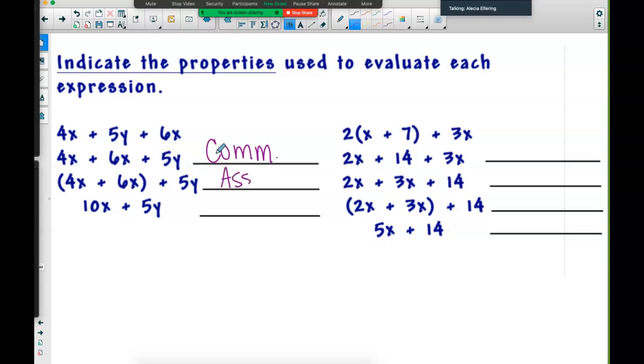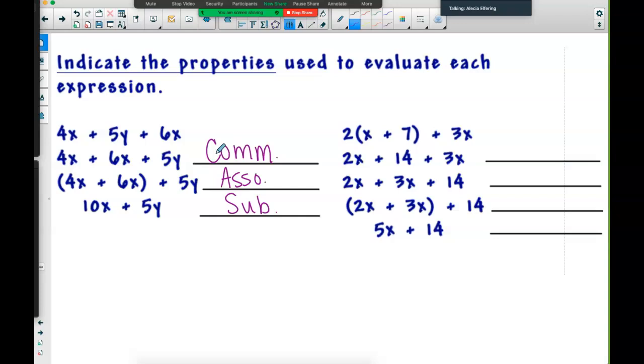And then I replaced 4x plus 6x with 10x, so what property did I use? Substitution. Okay, there's one property we've already learned about that I haven't used in any examples yet. What property is that? The distributive property.